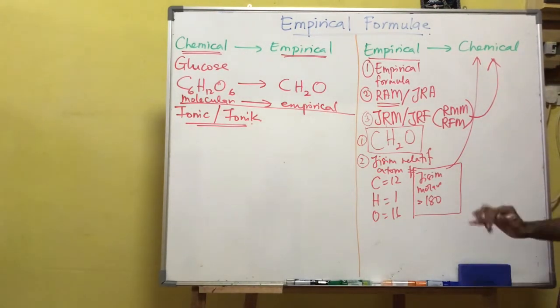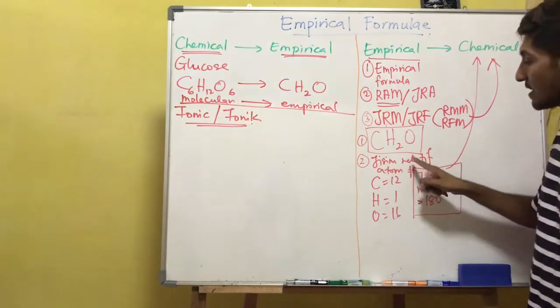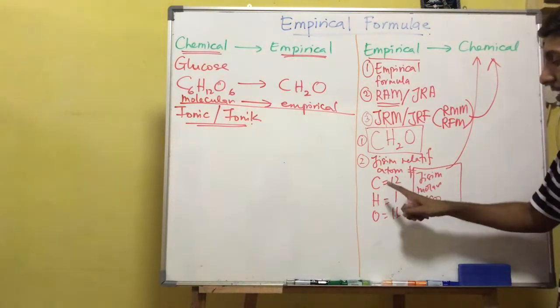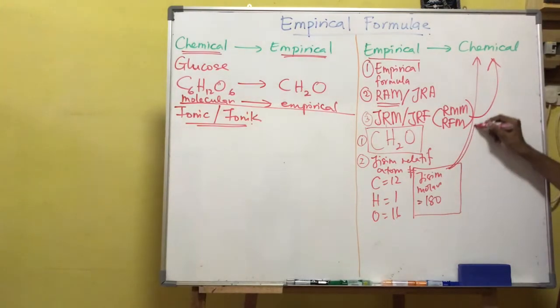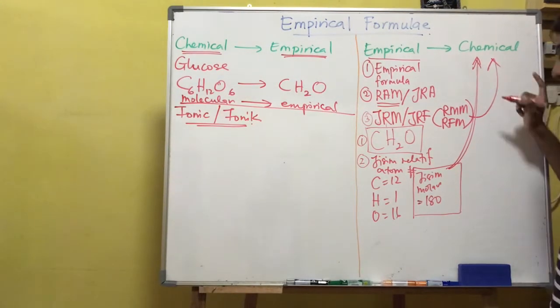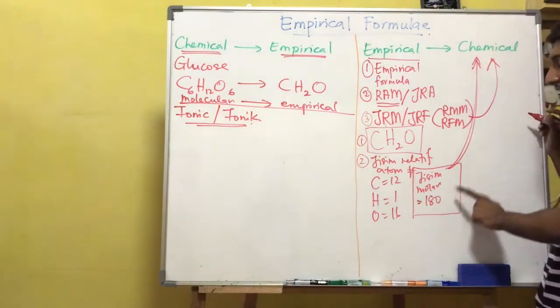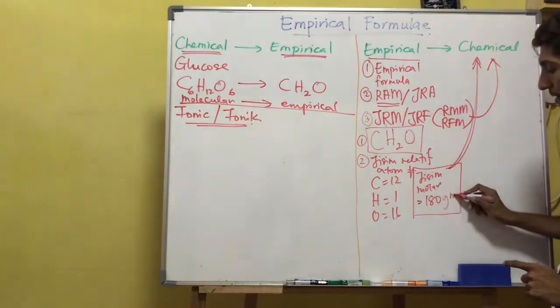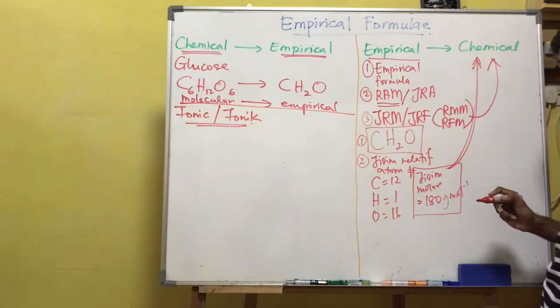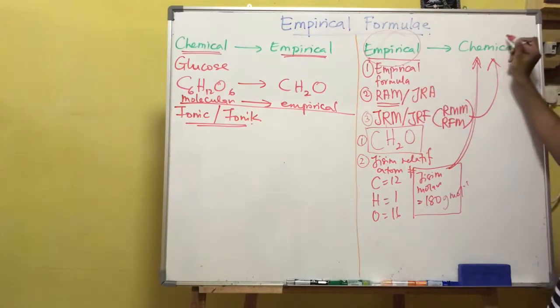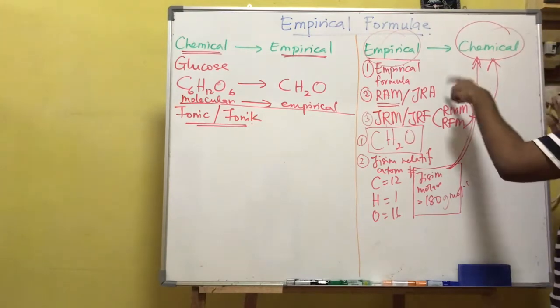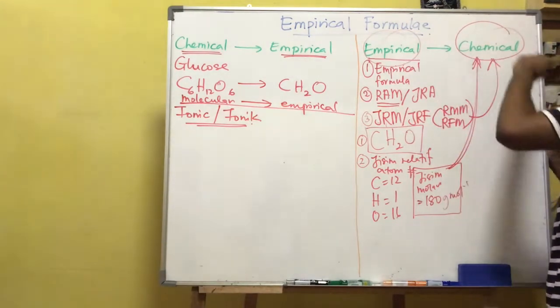Okey. Jadi sekarang kita dah ada jisim relative atom, karbon 12, hidrogen 1, oksigen 16. Kita dah ada jisim molar untuk bahan ini yang sebenar. Jisim molar bahan ini ialah 180 gram per mol. Jangan lupa unit. Okey, jadi macam mana daripada empirical formula kita nak dapatkan chemical formula? So how from empirical formula we are going to get chemical formula?